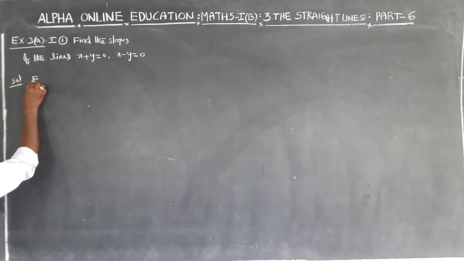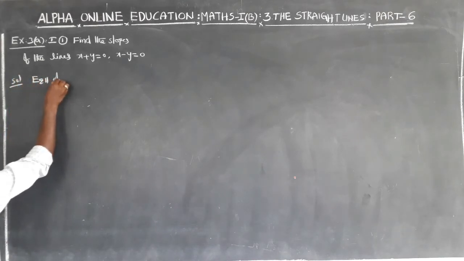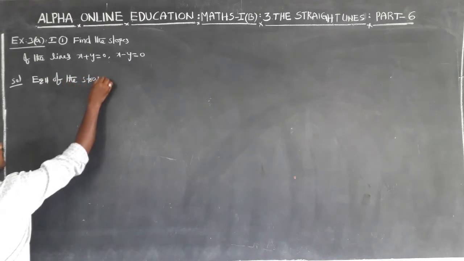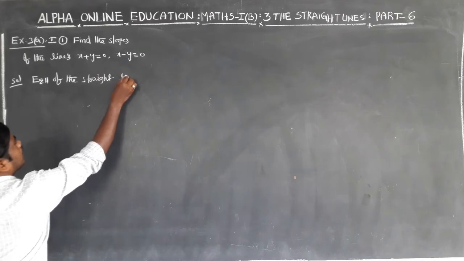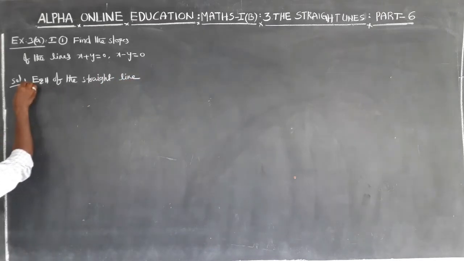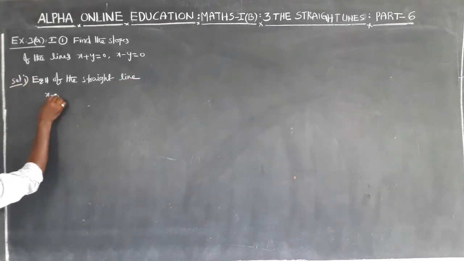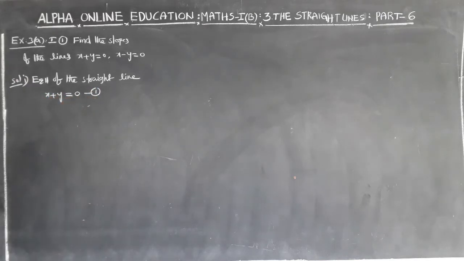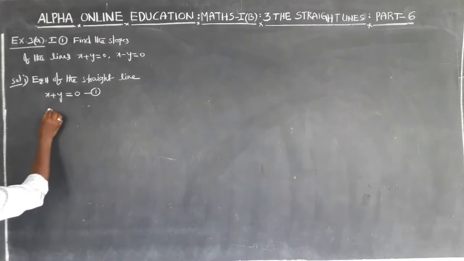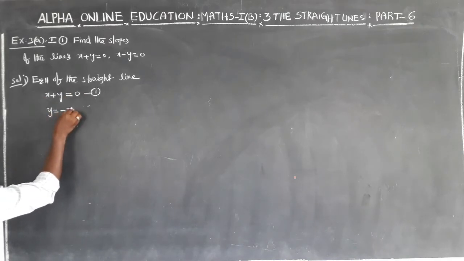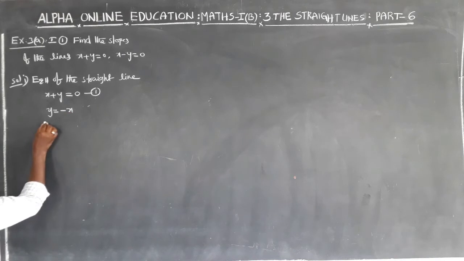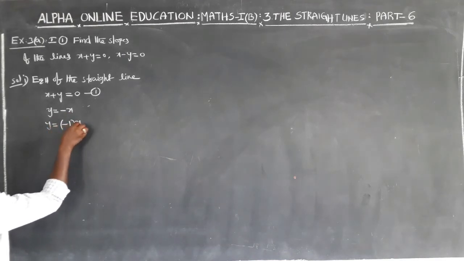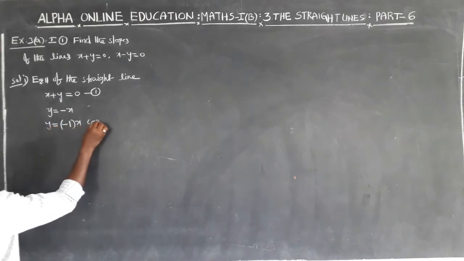First line. Equation of the straight line is x plus y is equal to 0. Taking x to the right side, y is equal to minus x, which is minus 1 into x.